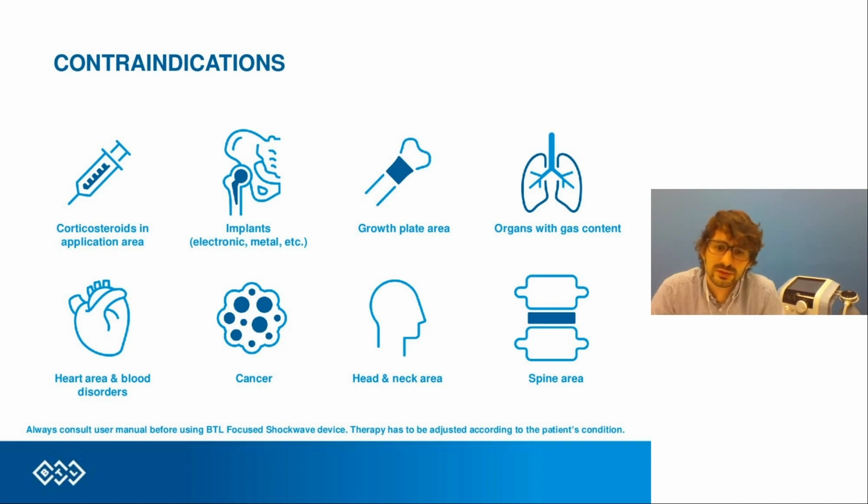The intensity would be too strong, so if you have someone with fragile or unhealthy lungs, it would be possible to cause some micro tears. Same for the heart area, especially when it's damaged, even though there are experimental studies with focused shockwave to treat the heart because of the angiogenesis again.